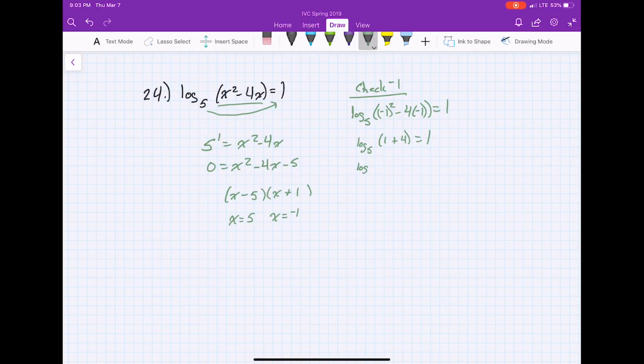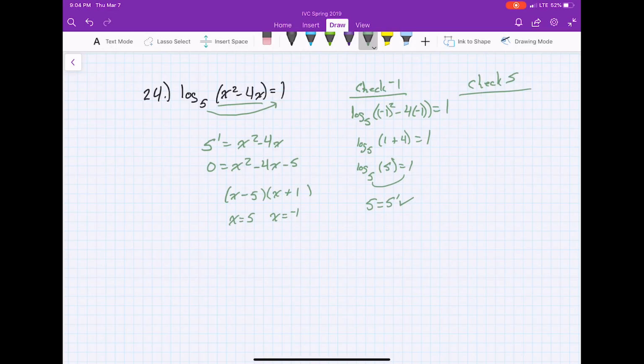Now I'm going to log base 5, and then 5 inside is equal to 1. We should see at this point that it's going to work, but we'll pick up that as its exponent, and then we see 5 is equal to 5 to the first, but that just means it's 5 of 5. That checks out.